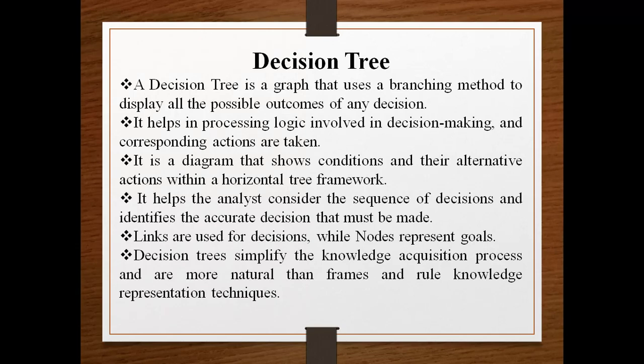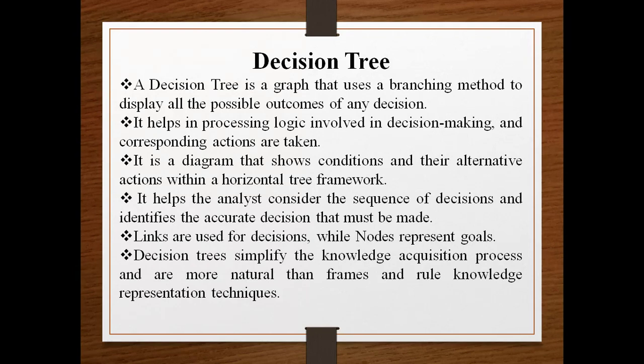It will help the analyst to consider the sequence of decisions and identify the accurate decision that must be made. Links are used for decisions, while nodes represent goals. Decision trees simplify the knowledge acquisition process and are more natural than frames and rules knowledge representation techniques.